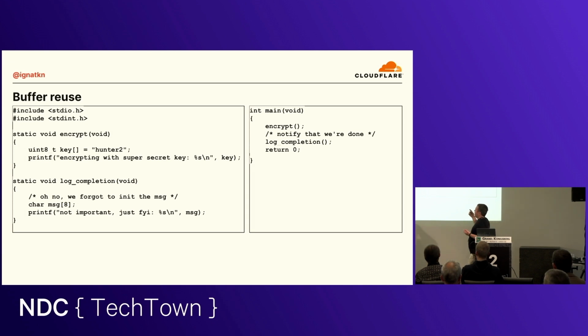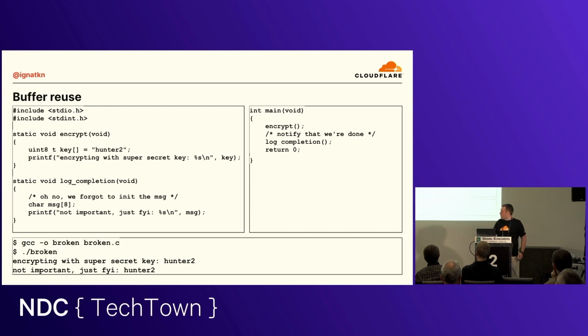Technically, these two functions have the same stack depth, and in the log function we just forgot to initialize the message to 0. If we compile that code with an average compiler with no specific security flags, you will see that the logging function will leak the cryptographic key easily.